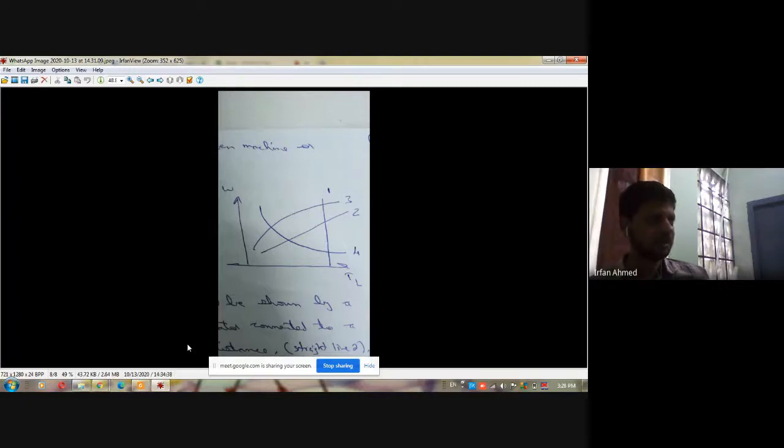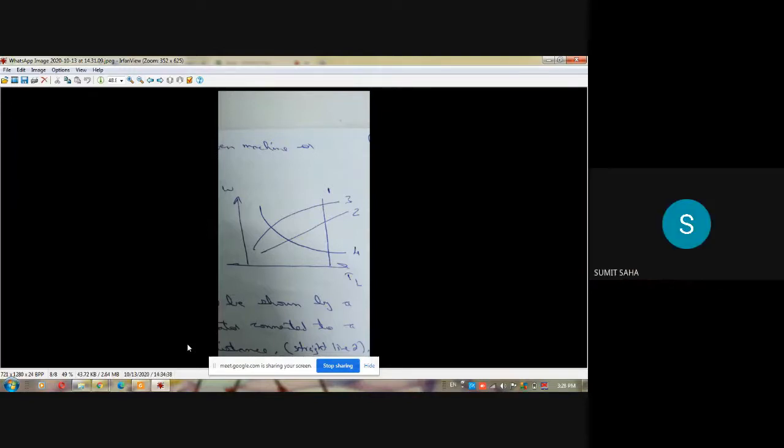No. One example is a DC generator connected to a load of constant resistance. There you will see this type of characteristic, where the speed is increasing and the load torque is also increasing.